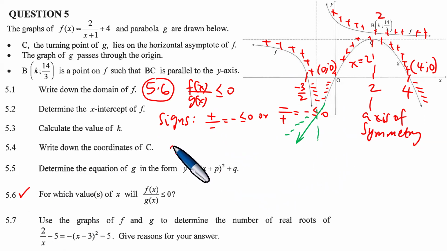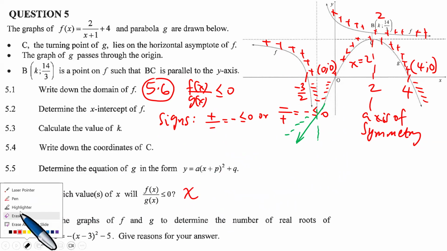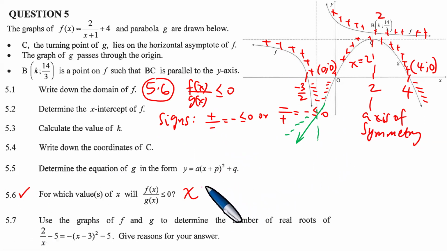So we can see clearly that when x is less than or equal to minus 3 over 2, because we can divide the whole plane through minus 3 over 2, one is positive and the other is negative.